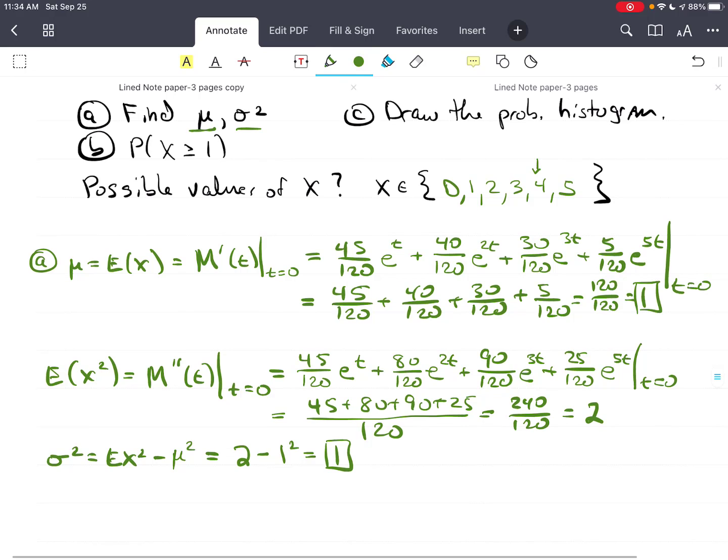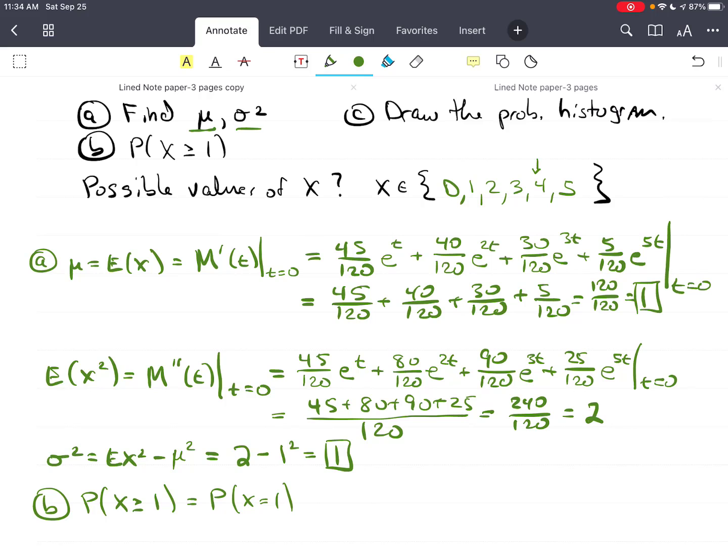So now in part B, we want the probability that at least one of these integers is in its natural position. So this is equal to the probability that x is equal to 1 plus the probability x is equal to 2 plus the probability x is equal to 3 plus the probability x is equal to 4 plus the probability x is equal to 5.